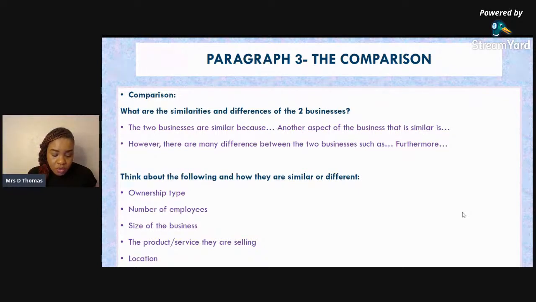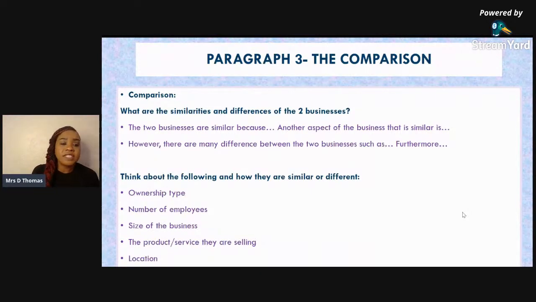You also need to look at the size or the scale of the business. As I said previously, if you're not sure, go back to the previous slide. Are they a micro business, a small business, or a medium business? And say why.